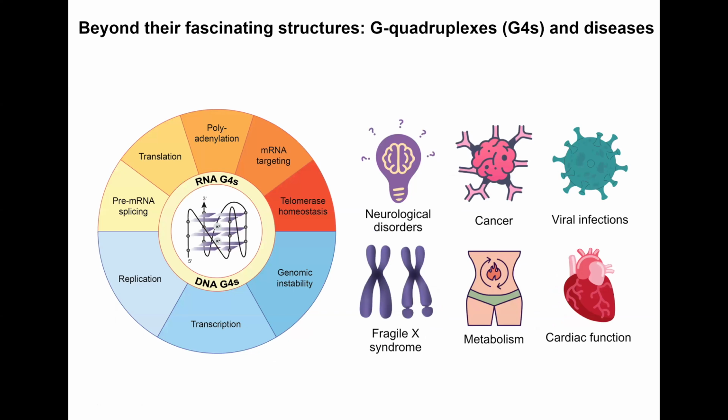Beyond the fascinating structure, I'm a trained chemist, so I always look at the structure. There's a lot of biology involved with DNA and RNA G4s, and more and more evidence indicating association with different diseases, including metabolic disease.